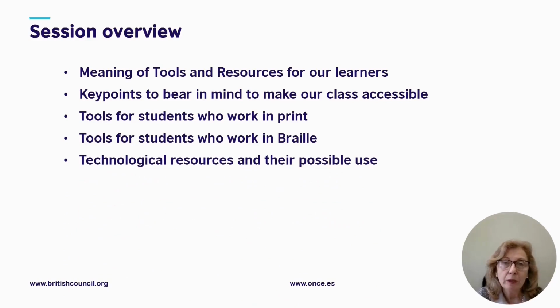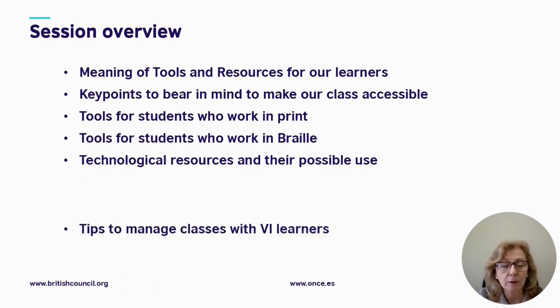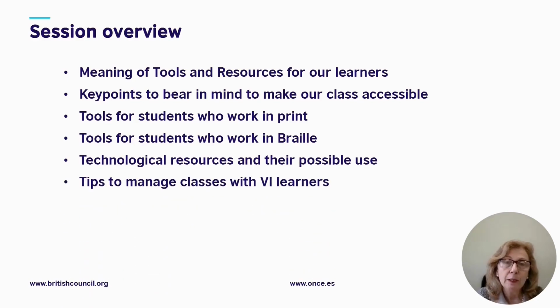Then we will talk about technological resources and their possible use. We will focus on them, and then in the third session, we will talk about other kinds of resources. After that, we will see some tips to manage classes with visually impaired learners. And finally, we will leave you a case study that you can do yourself and then see what you have answered wrong or right, and maybe review the presentation.